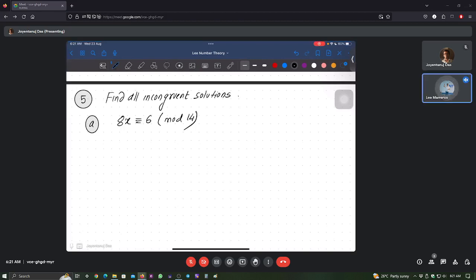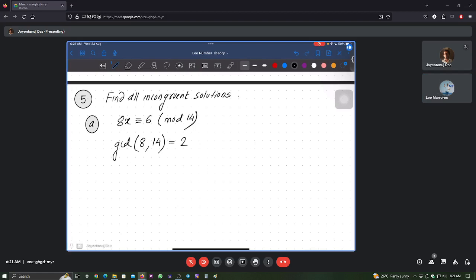We check whether 8 and 14 are coprime. What is the GCD of 8 and 14? It's not one, it's going to be two.